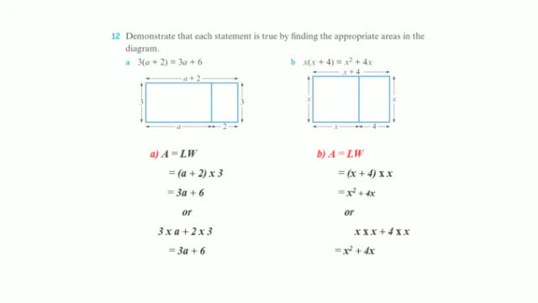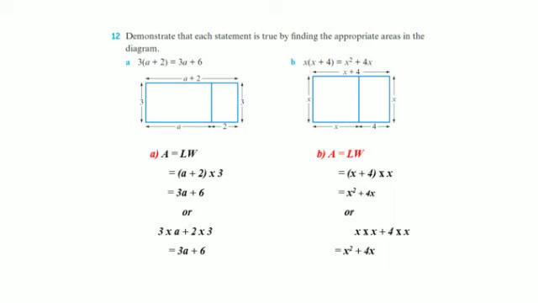In question 12, we're given 2 rectangles, and we've got to demonstrate that the statement is true. And how and why is it true? So area equals length by width, and you can take the length, which in part A is a plus 2, and multiply it by 3. So you can see the distributive law says it's 3a plus 6. And if you calculate the area of the two smaller areas and add them, you get the same answer, 3a plus 6.